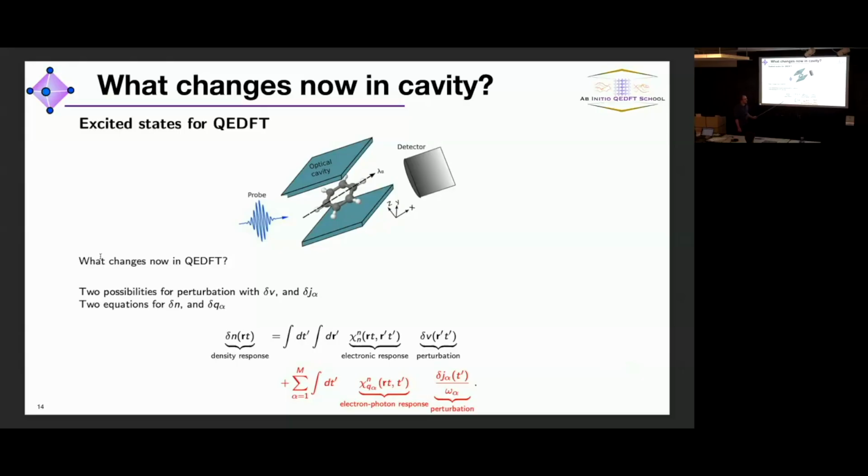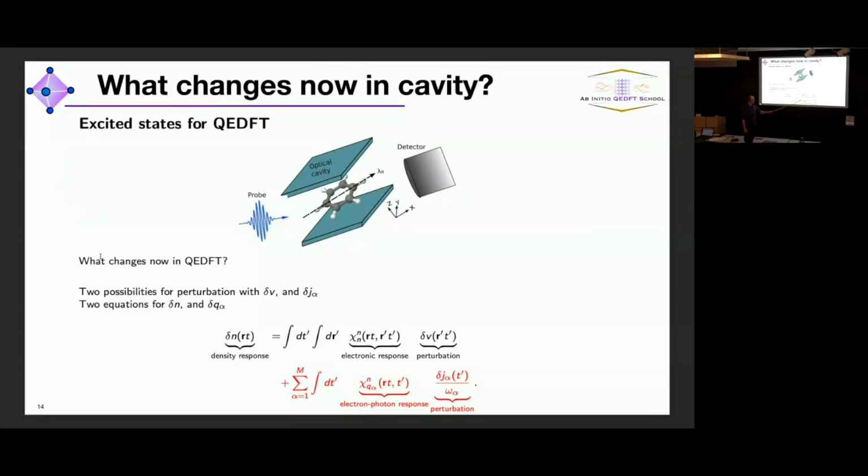But there's now a different way to perturb your system, right? This, in a sense, perturbs the electronic system, but you can also perturb the photonic system and not the electronic system. So this is what we do here. You can perturb the photonic system and then still ask what is the response of the electronic system. So how do the electrons respond to a perturbation in the photon sector, if you want.